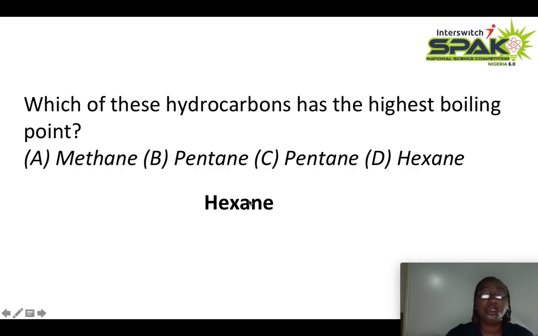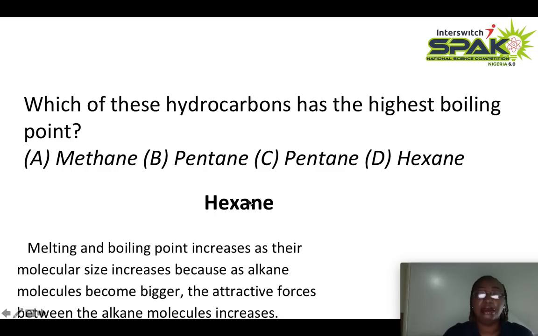From this question, you will realize that its formula, C6H14, is bigger than the other compounds there. Methane is CH4, pentane is C5H12. Oh, we have two pentane. But the answer is ethane. Melting and boiling points increase as molecular size increases, because as alkane molecules become bigger, the attractive forces between alkane molecules increase.